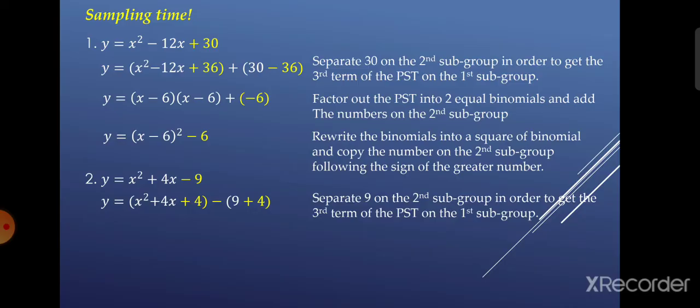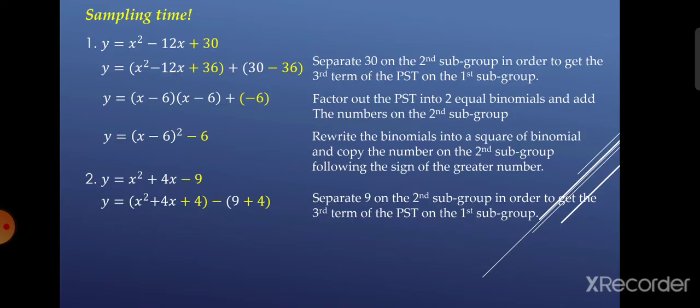So we rewrite the equation as y is equal to the first subgroup x squared plus 4x plus 4. Half of the middle term 4 is 2, then the square of 2 is 4. So plus 4, and the second subgroup should also be plus 4.